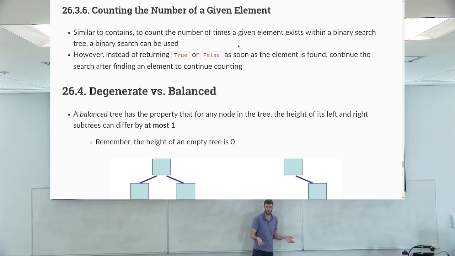And because we always know duplicates go to the right. Cool? So at any given node, if it's the element you're looking for, add 1 to however many are over here and however many over here. If it's not what you're looking for, okay, fine. It's 0 plus however many are over here or over here, depending on, again, greater than or less than.